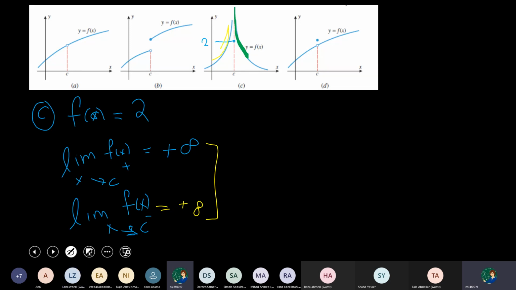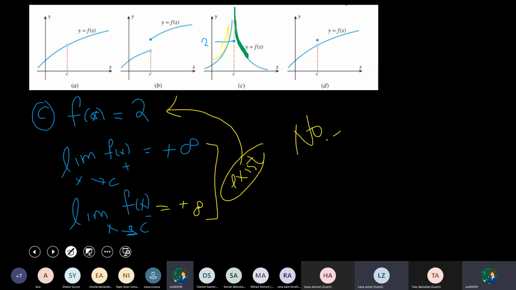Now, is the value of the limit equal to the value of the function? No. Because of that, we can name this one an infinite discontinuity because the limits here are infinity.